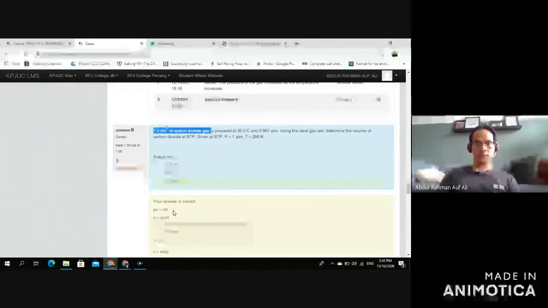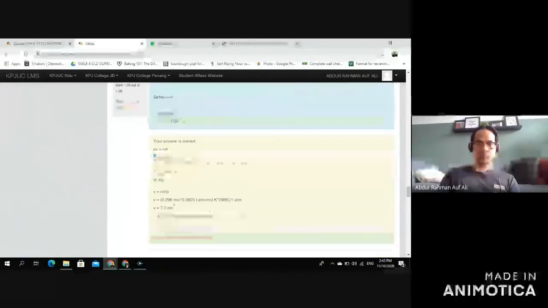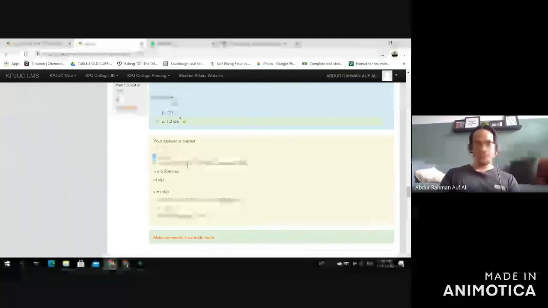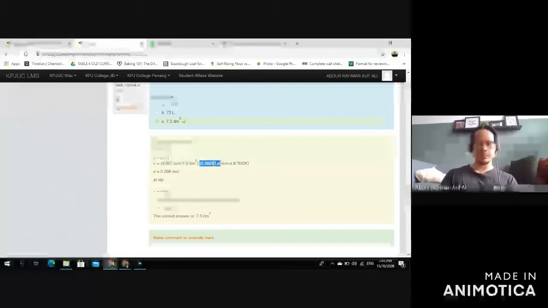So guna PV equals to nRT, cari bilangan mol, cari n. So kamu akan dapat this PV divide by RT. So P is 0.987, darab dengan V 7.5, divide dengan R 0.08205, saya silap tulis kat sini, darab dengan T 300K.